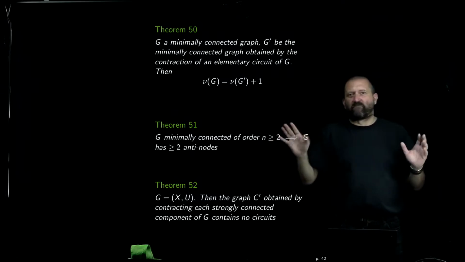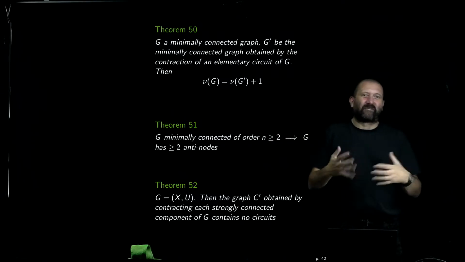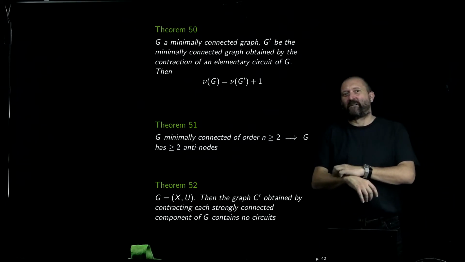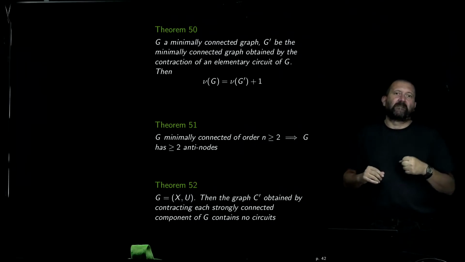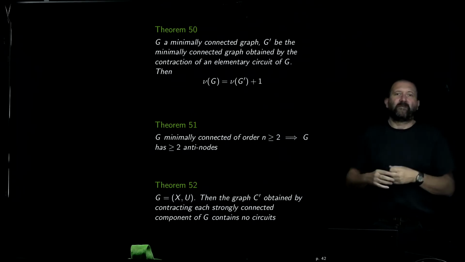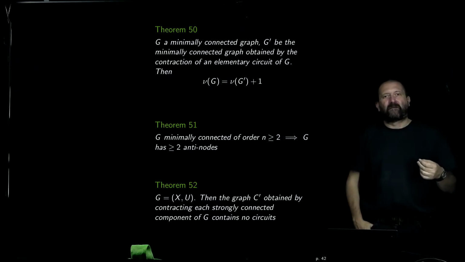Another result that we're not going to use, but I'm just, again, providing some notions that I think could be fun for some of you. If I have a minimally connected graph of order 2 or greater, then I have to have 2 antinodes in that graph.